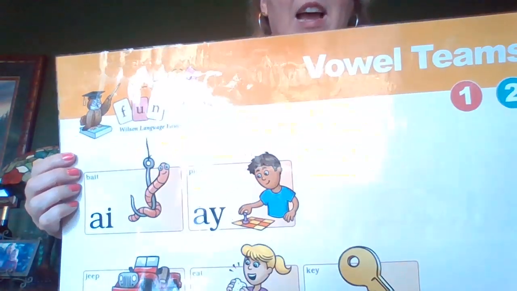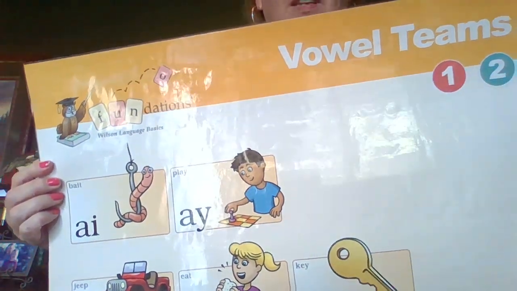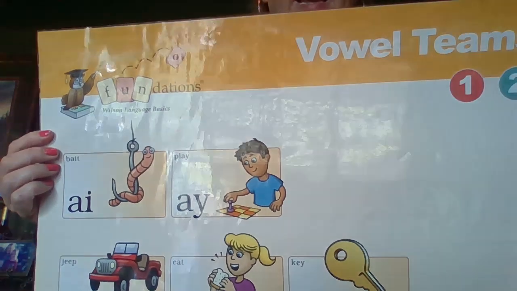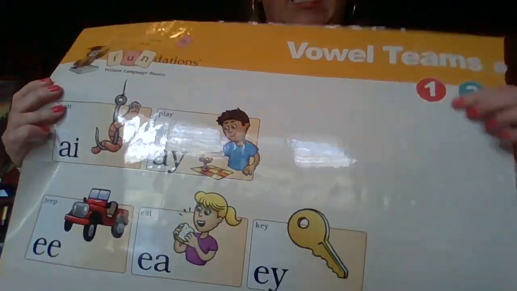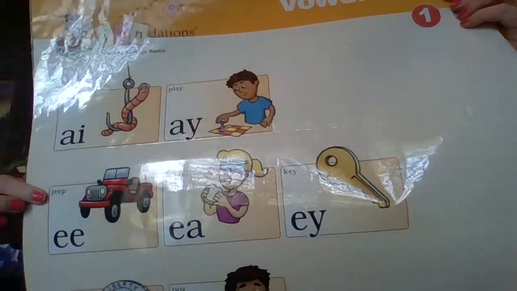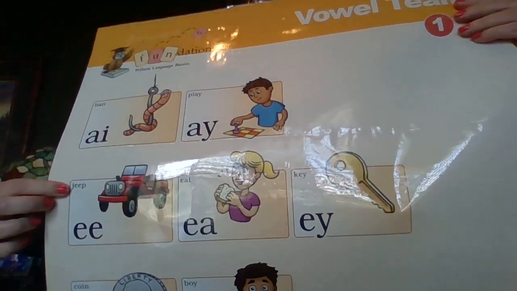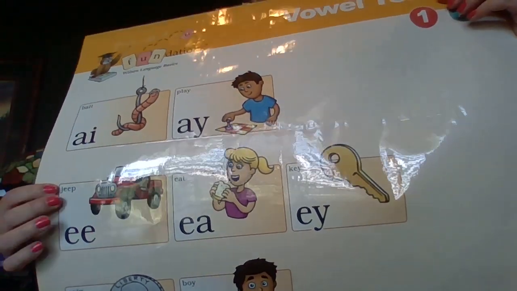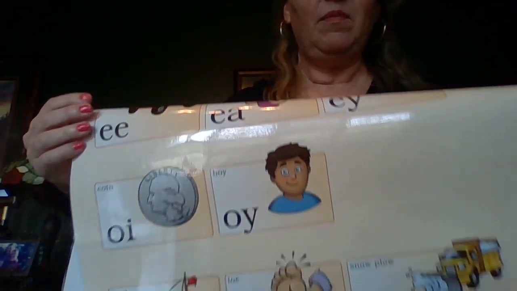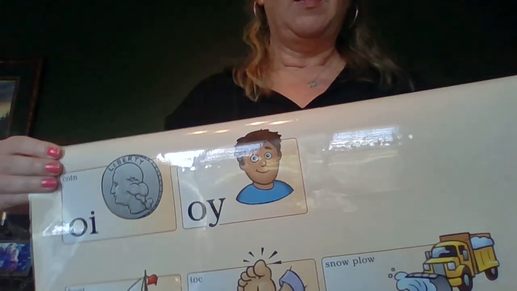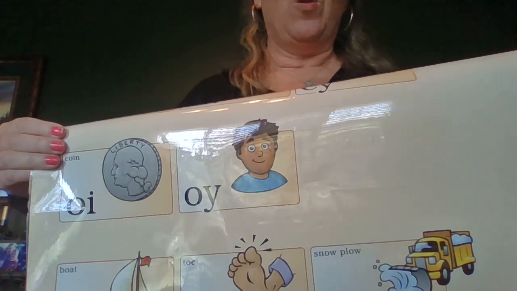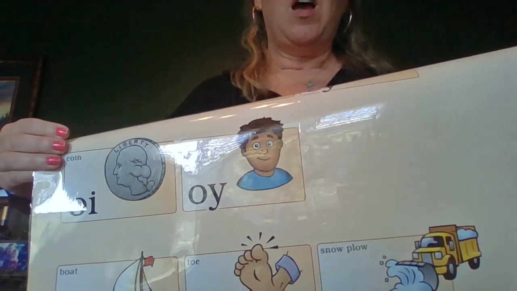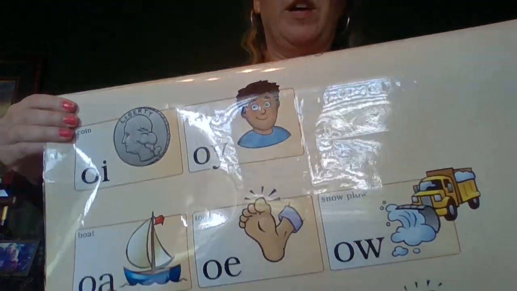And vowel teams, here we go. AI, bait, AY, play, Jeep, EA, eat, EY, key, OI, coin, OY, boy.